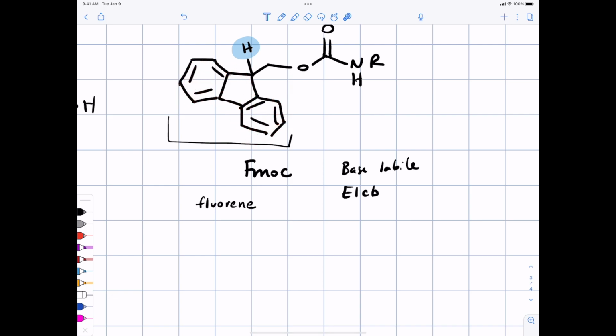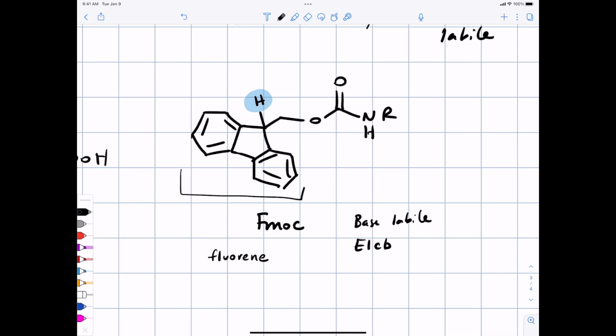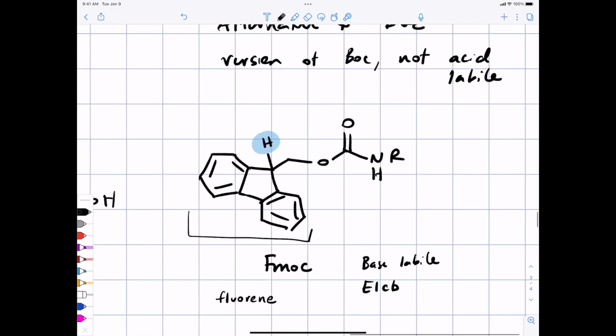Polycyclic: 2, 4, 6, 8, 10, 12, 14 there. Is that an allowed number for aromatic? Okay. So if you can make something that's aromatic by deprotonation, what that means is that proton is more acidic than you'd otherwise expect. So a base can remove this proton.